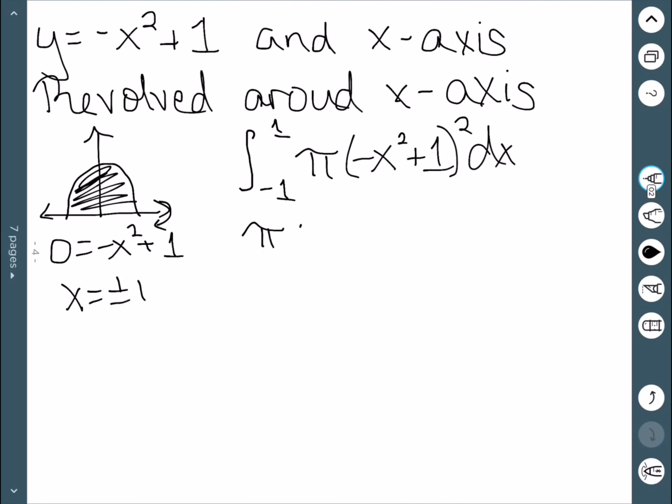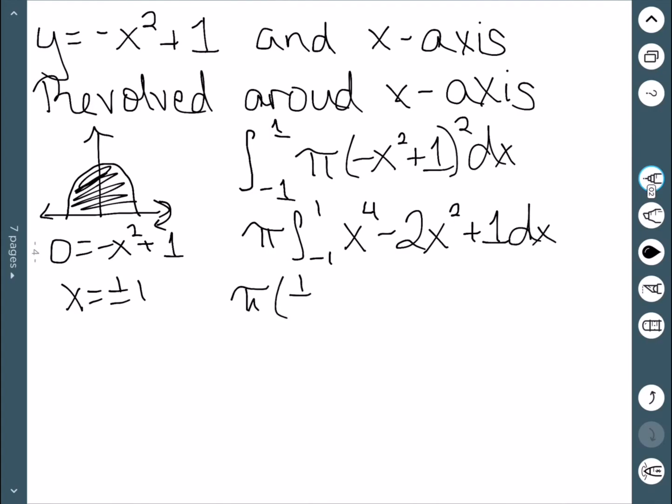I can pull the pi out front since it's just a constant. Squaring would give me x to the 4th minus 2x squared plus 1 dx. This gives me 1/5 x to the 5th minus 2/3 x cubed plus x between negative 1 and 1.